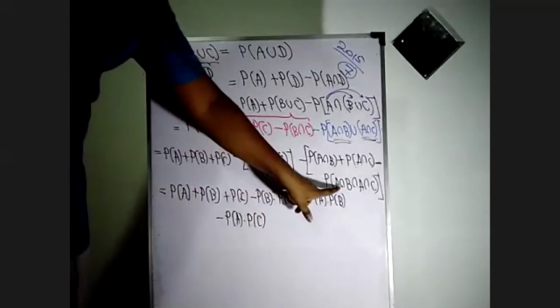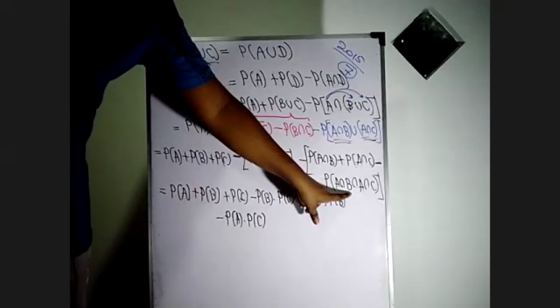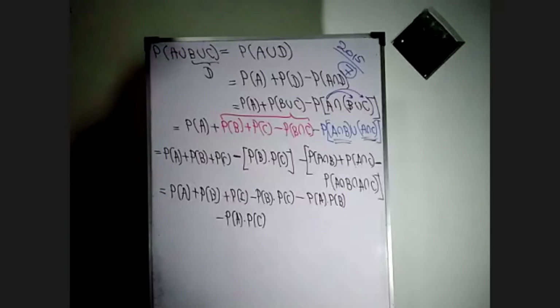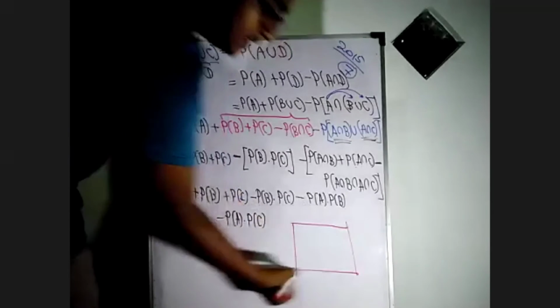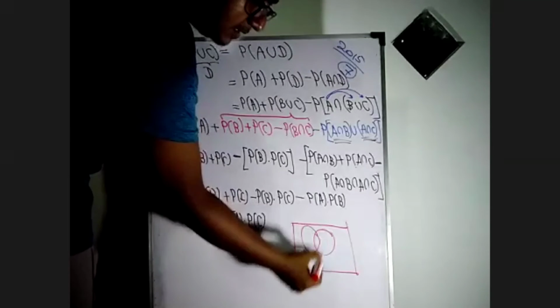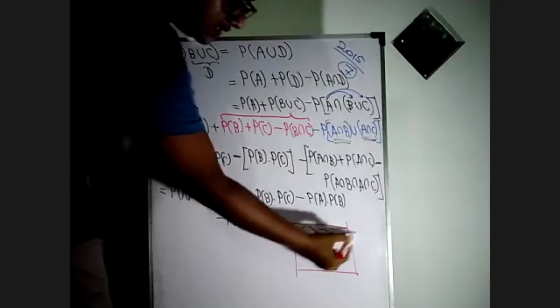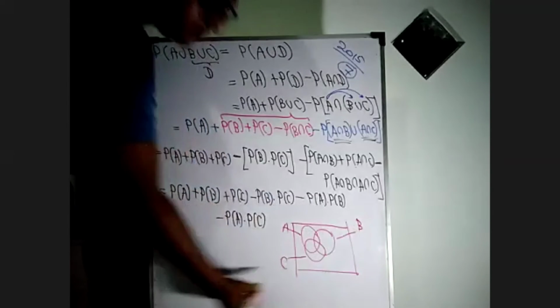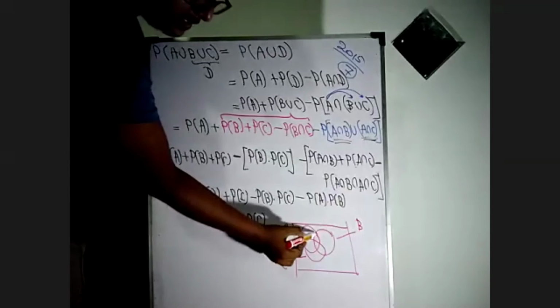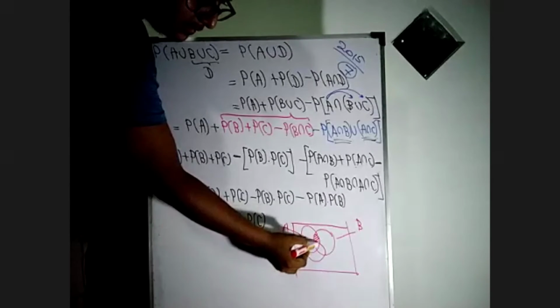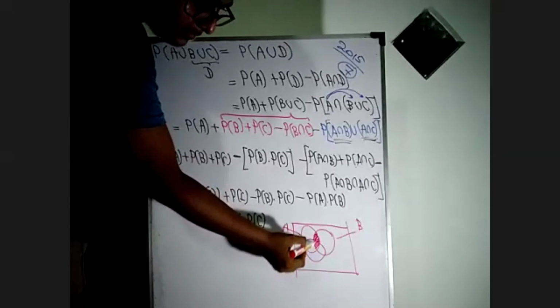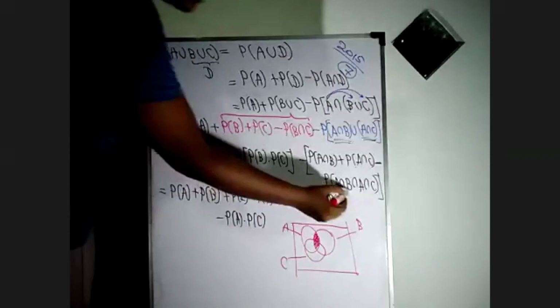See, A intersect with B, again intersect with A. Just draw a Venn diagram for this to understand clearly. So we have three events A, B, C like this. A intersect B is this region. Okay, this is done.